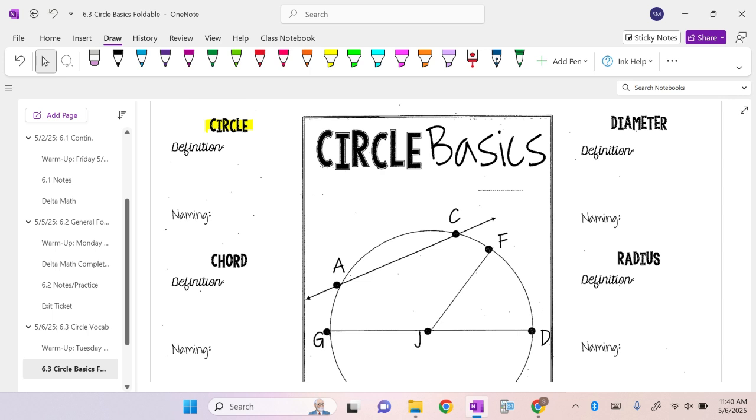All right. So first things first, we have what an actual circle is.